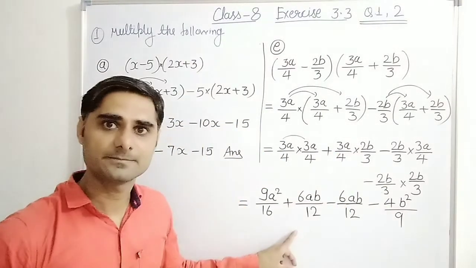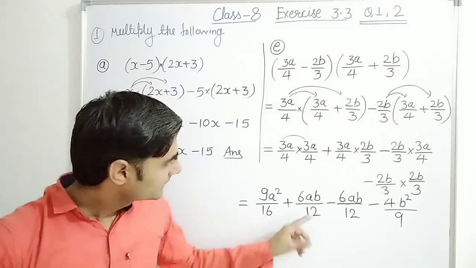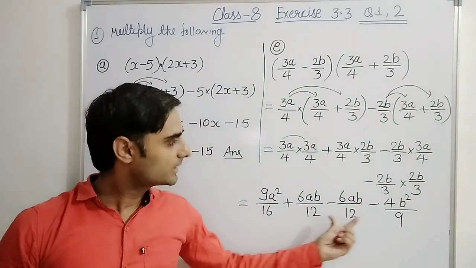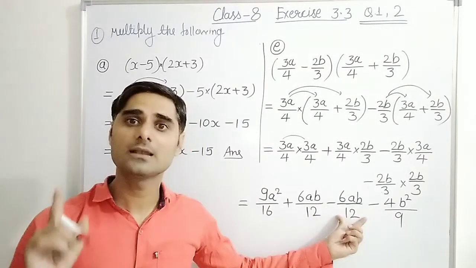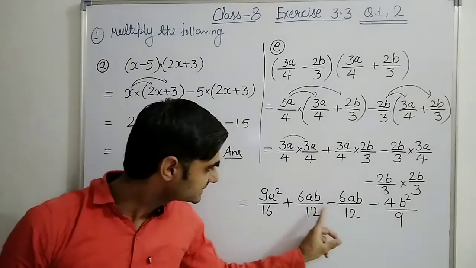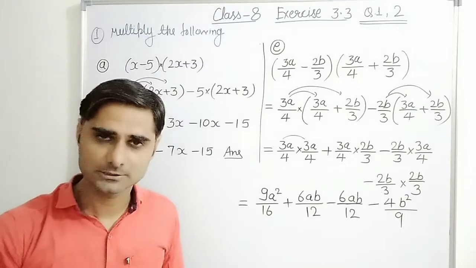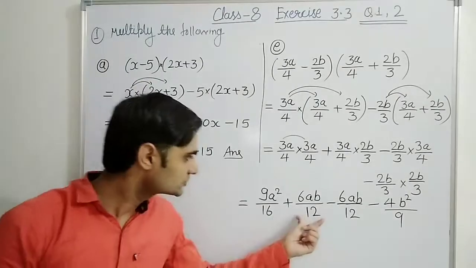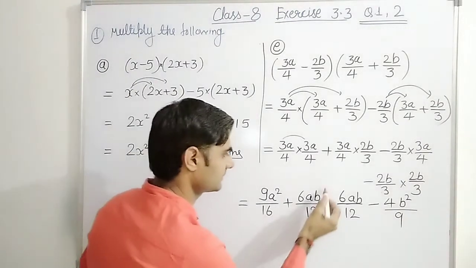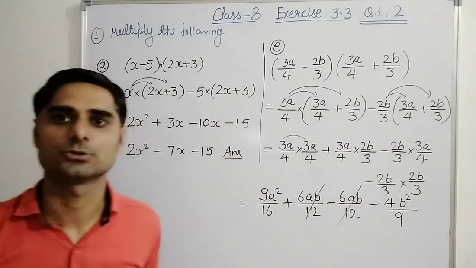In this step, just see here, 6ab upon 12, 6ab upon 12, both are like terms and having different signs, plus and minus. You know, 5 minus 5 equals 0, a minus a equals 0. So same term minus same term will be equal to 0.